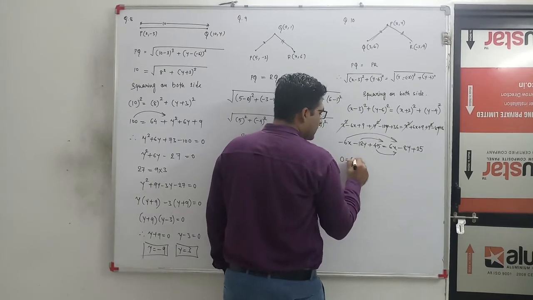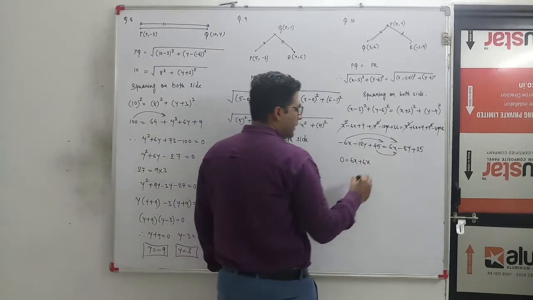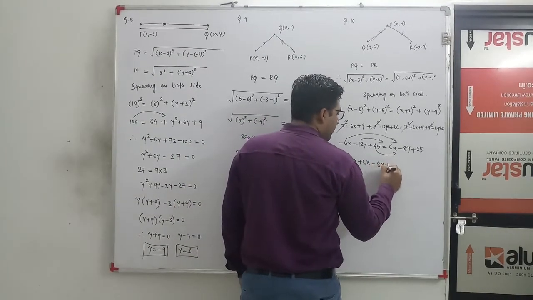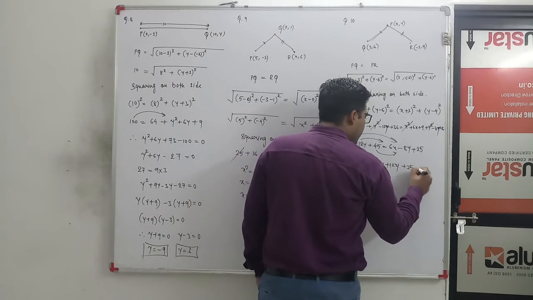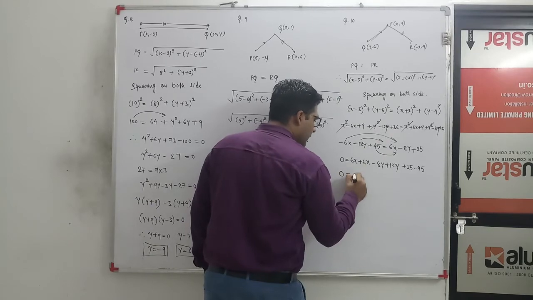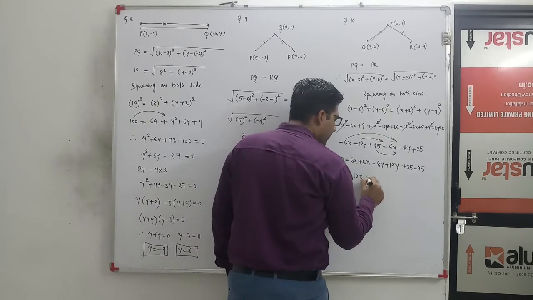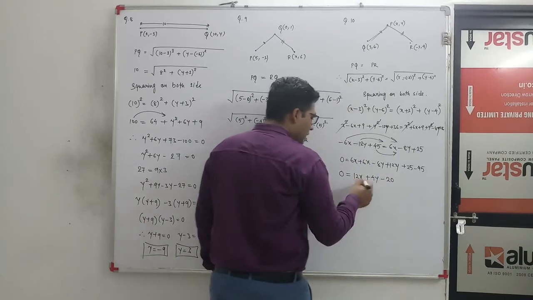Minus 6x becomes plus 6x, so 6x plus 6x, minus 8y plus 12y, and 25 minus 45. So this becomes 12x plus 4y minus 20.